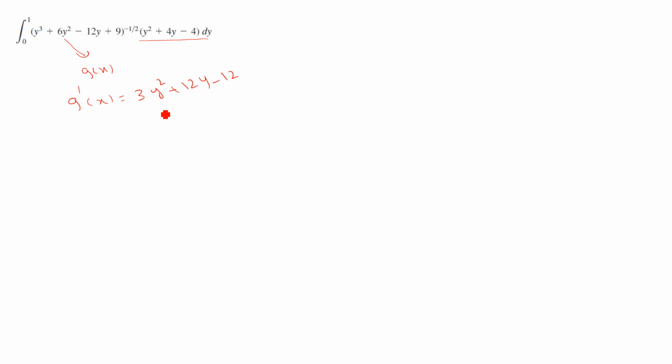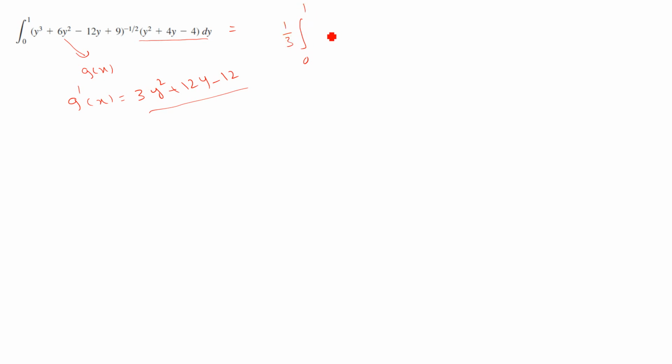In order to make the derivative of g, we have to multiply it by 3, so we multiply by 3 and divide by 3 as well. We can do it directly, without substitution.